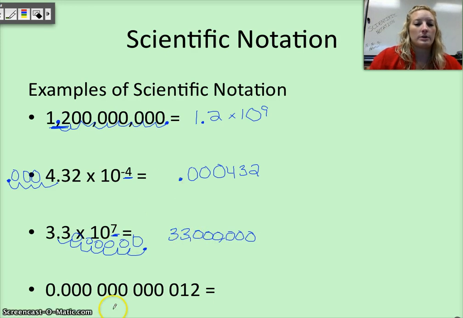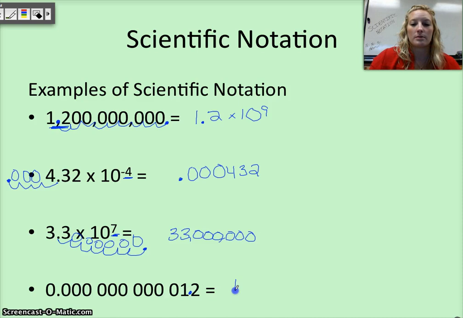And let's try this last one here. This one is 0.0000000000012. Again, not a number that I want to write a whole lot. This is why scientific notation is so great. Putting this into scientific notation, if we look at where the coefficient number is going to be, we come down the range here and we have another 1.2.